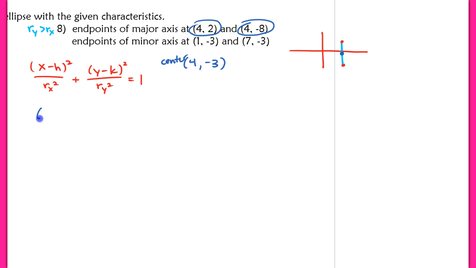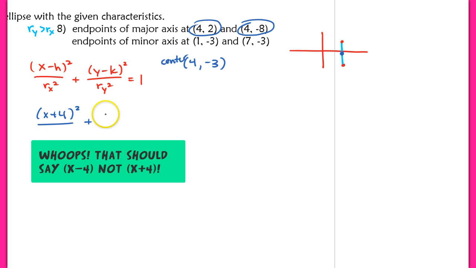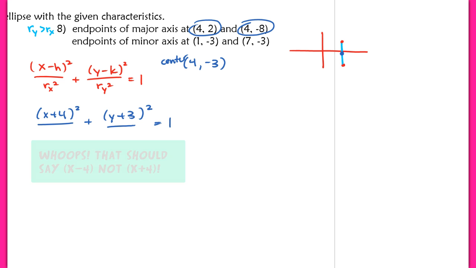Now let's just plug that in real quick. So I have (x plus 4) squared over some value plus (y plus 3) squared over some value equaling 1. Now if you notice the points that they give you for the minor axis, see how the y values are at negative 3? And notice how the center had a y value of negative 3. That also will make a lot of sense if you just draw out this sketch. You have a point at 1, negative 3, and at 7, negative 3.